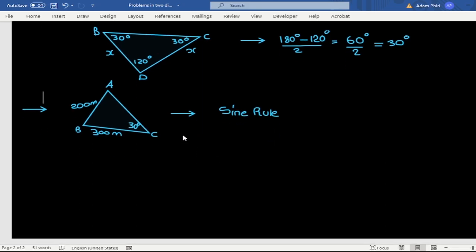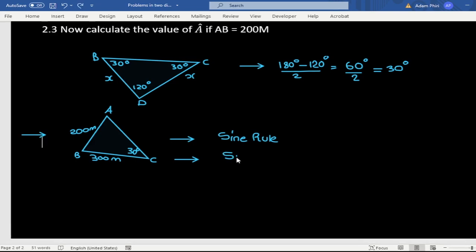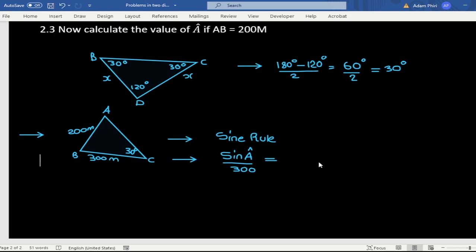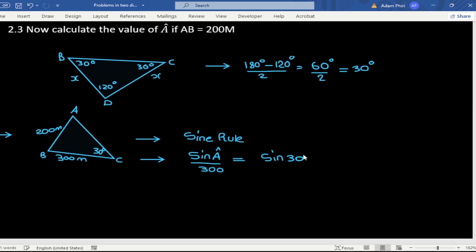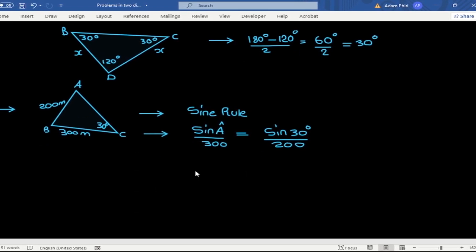So using the sine rule, we have sine 30 degrees. It's a ratio. Let's use sine A over 300, and then we have sine 30 degrees over 200 meters.